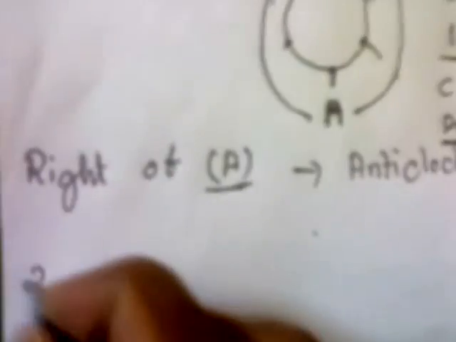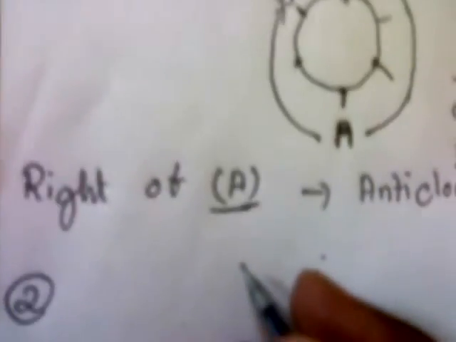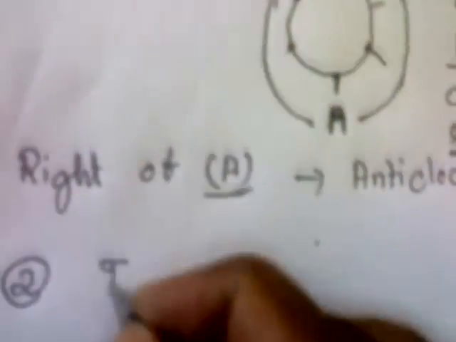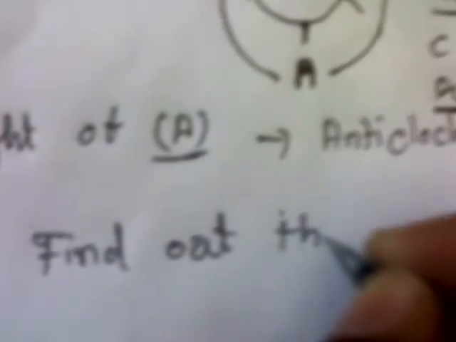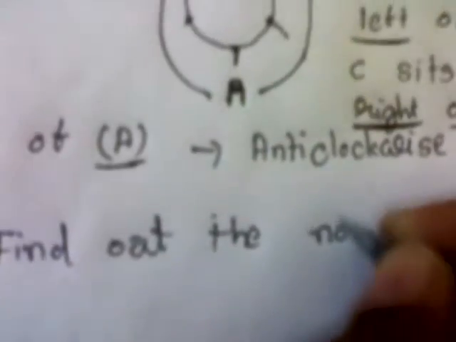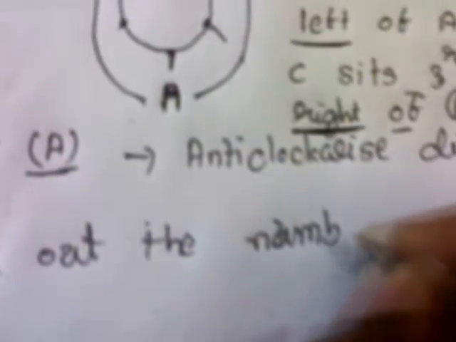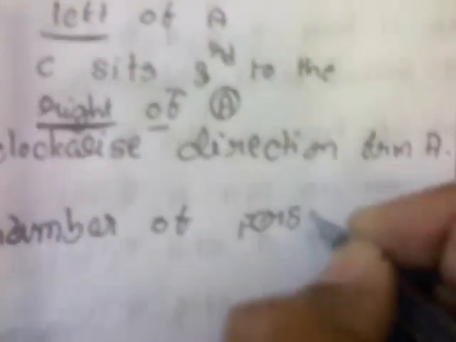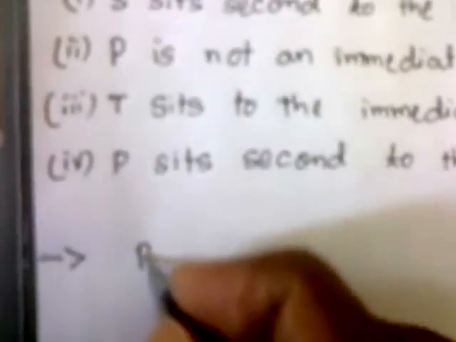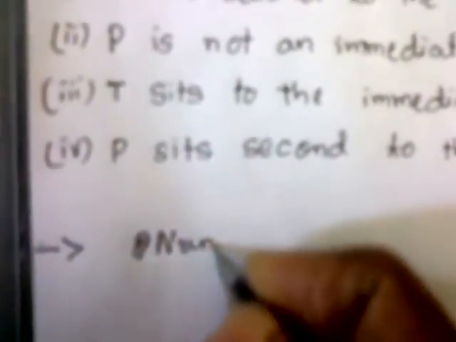Now the second thing to be taken care of is to find out the number of persons. Now we will solve our puzzle. The first thing we will do is spot out how many persons are sitting around a circular table.